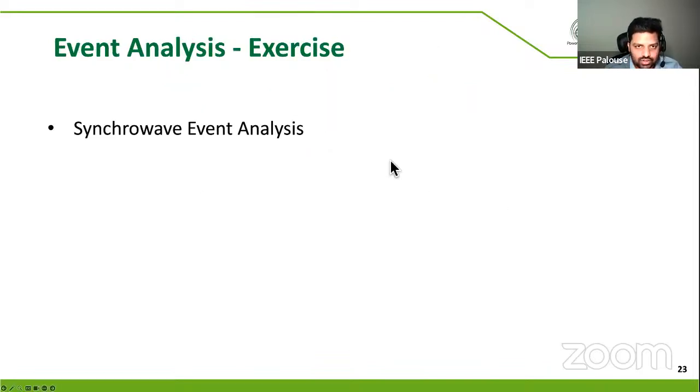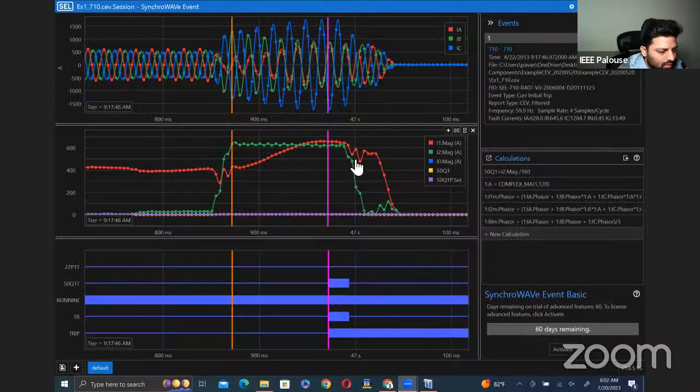So let me share with you guys a quick field event. Let me share that, and we can talk a little about it. Okay, hope you can see my screen.